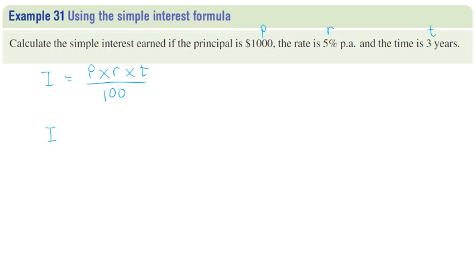Then I just substitute in the value, so P is 1,000, R is 5, and T is 3, divide by 100, so the interest is $150.